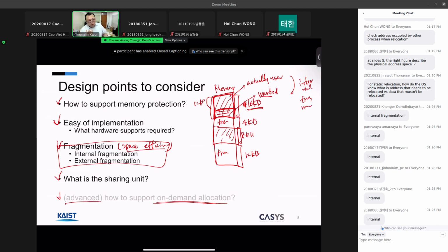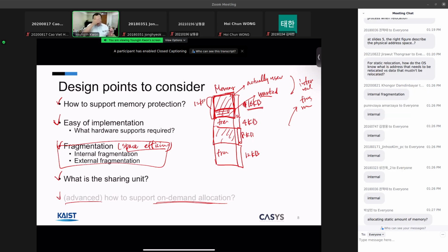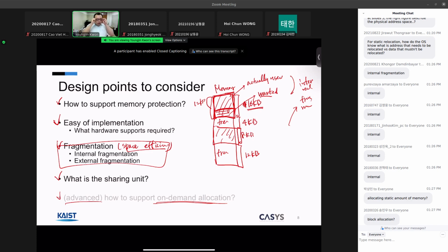So what affects the degree of internal fragmentation? Why does this kind of problem happen? Fundamentally, from the memory allocation perspective, why does internal fragmentation happen?